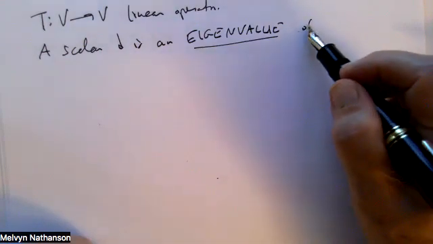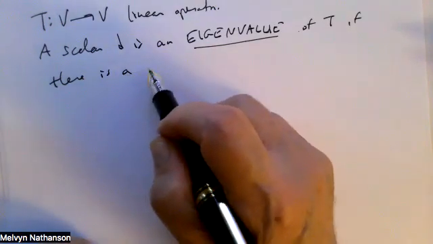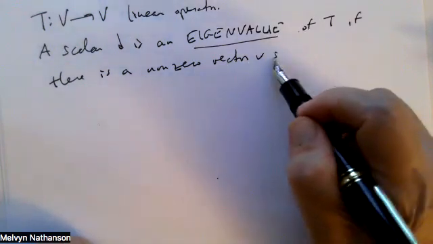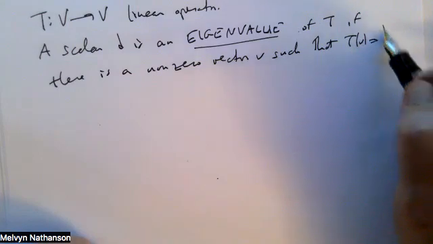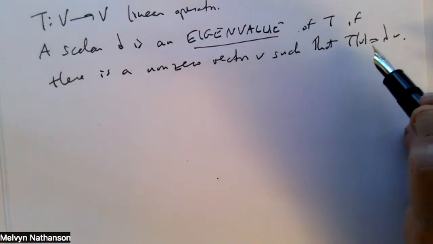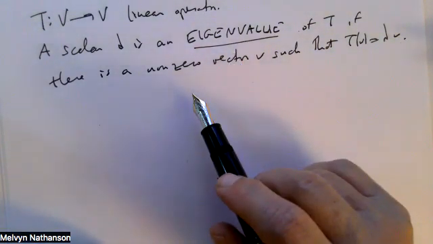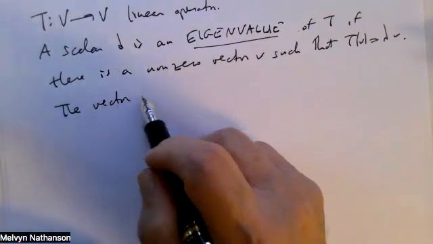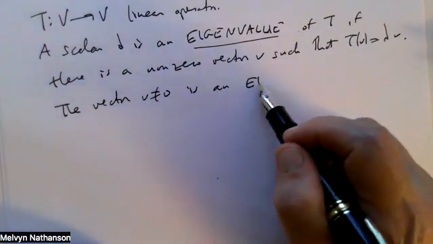It's an eigenvalue of T if there is a non-zero vector v such that T of v is just lambda times v. So all T does to the vector v is stretch it by a scalar factor lambda. That's called an eigenvalue. And the vector v, which is non-zero, is called an eigenvector.